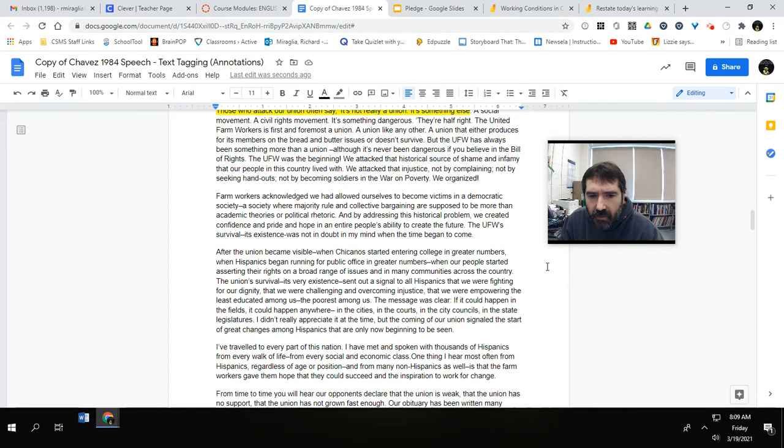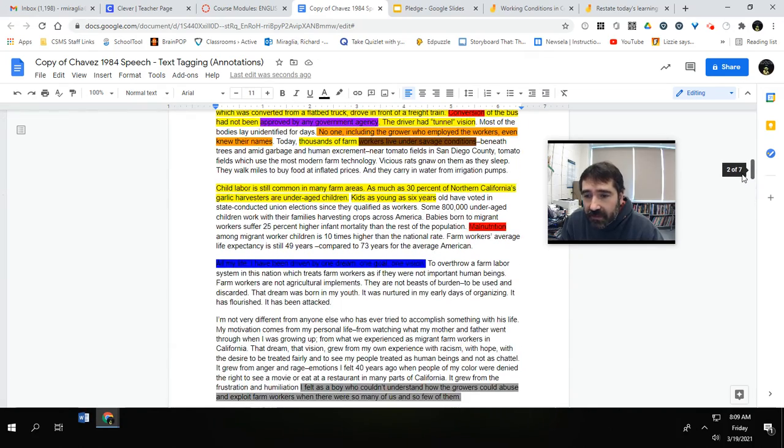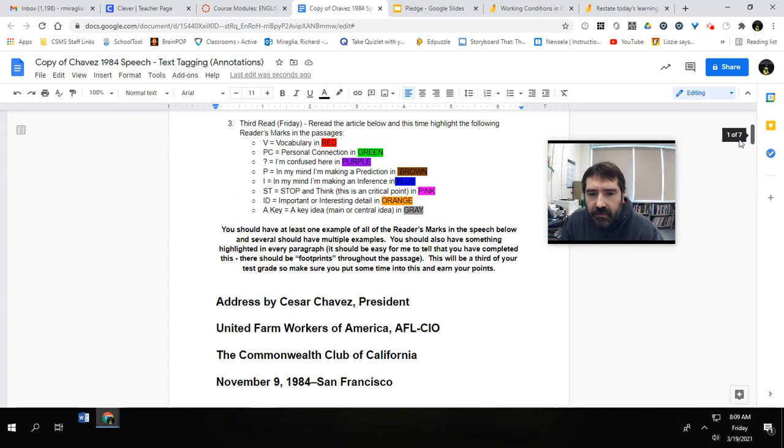You should be able to come up with a vocab word in almost every paragraph, and that's fine. A lot of times in paragraphs, the topic sentence or the concluding sentence would be a key, gray, or ID important detail.